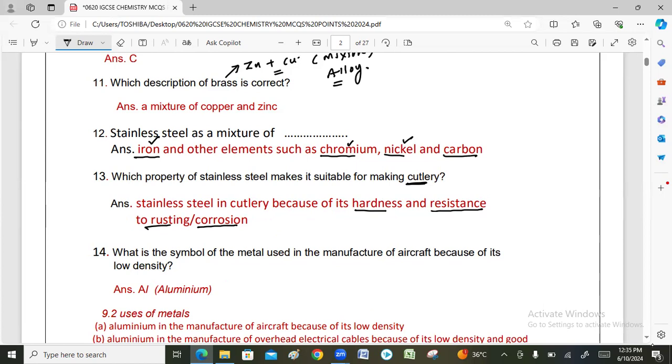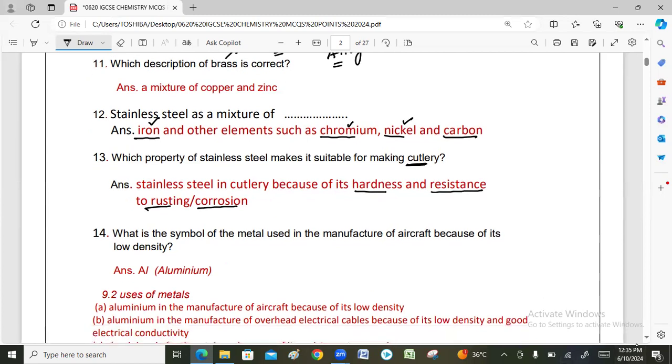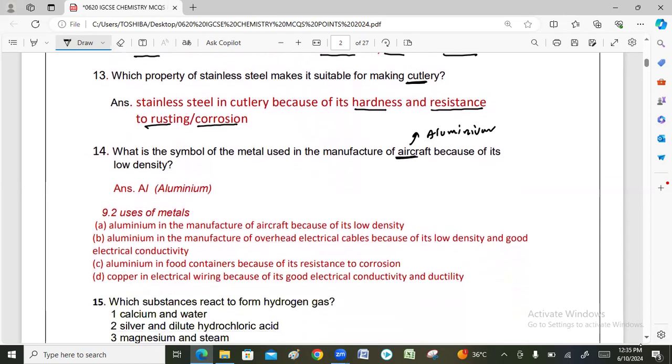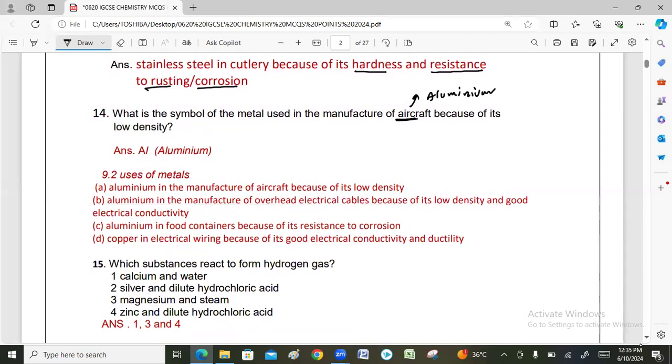Then, what is the symbol for the metal used in the manufacture of aircraft because of its low density? So, the aircraft body is made up of aluminium. This is the direct answer whenever there is a question regarding the aircraft body, so that is the alloy of aluminium.